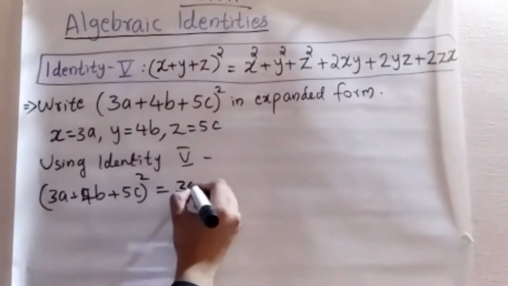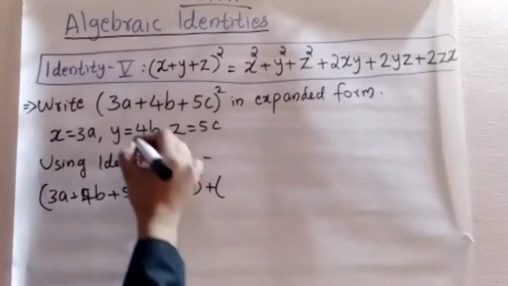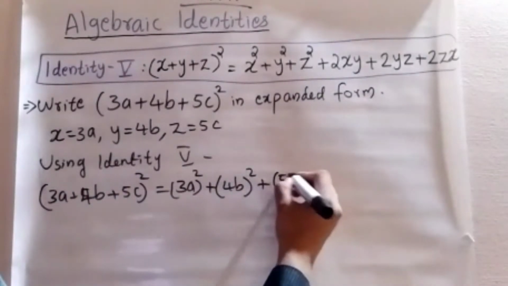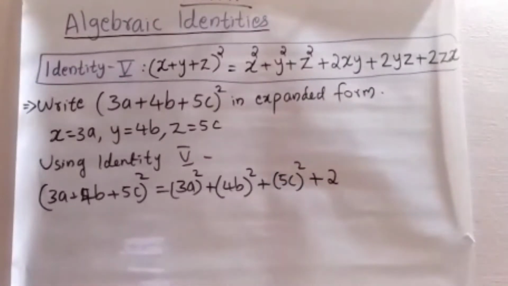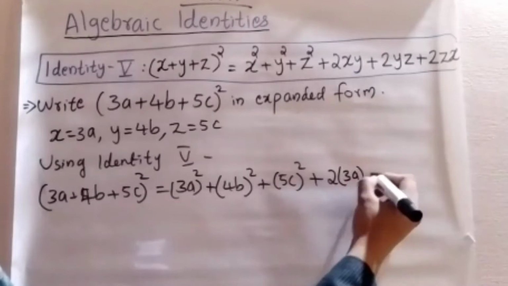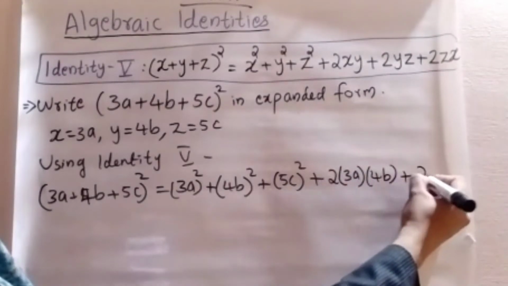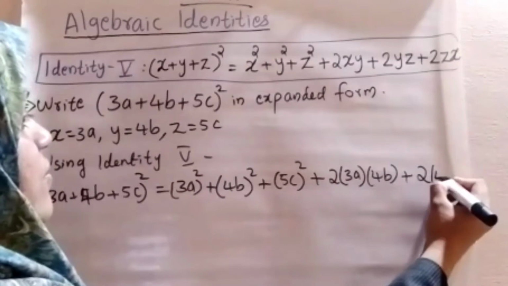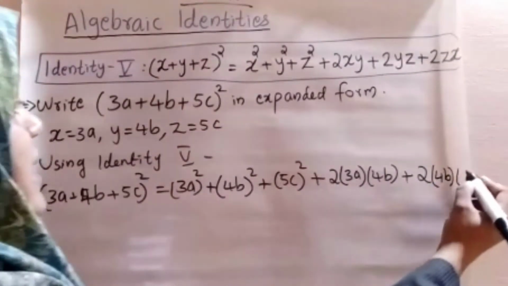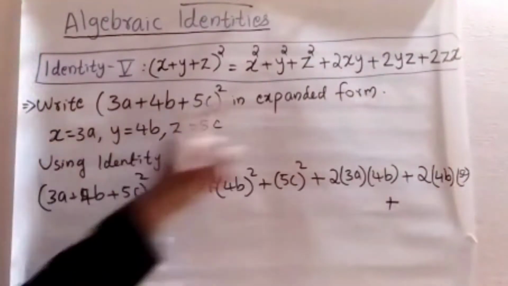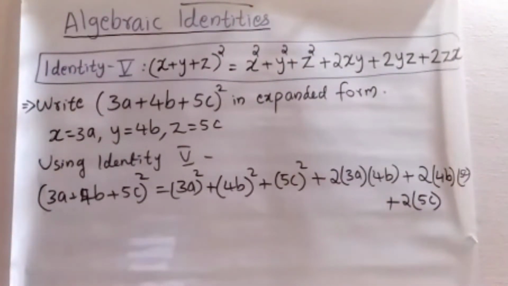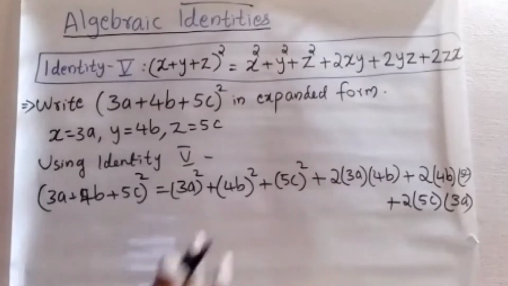That is (3a) whole square plus y square, (4b) whole square, plus z square, (5c) whole square, plus 2 into xy, 2 into 3a into 4b, plus 2yz, 2 into 4b into 5c, plus the next term 2zx, 2 into 5c into 3a. Clear? This is the expanded form of this question.